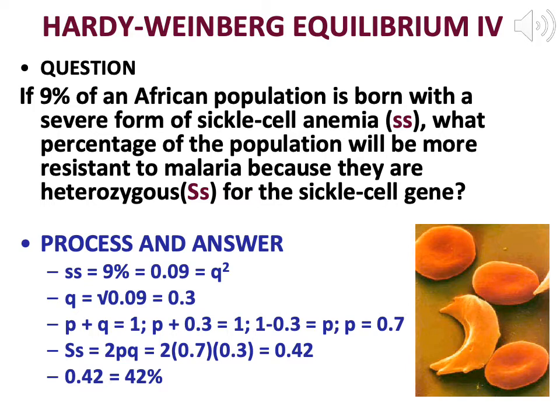So let's take a look at the process and the answer. Now remember, we're using these variables and these equations to figure this out. We're given some basic information in the question. We're understanding that 9% of the African population is born with the little s genotype.